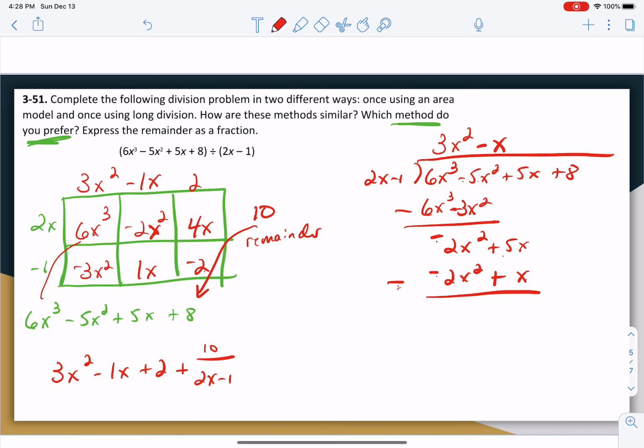And 5 minus 1 is 4. 8 minus negative 2 is a positive 10. So I get the exact same solution using an area model or long division.